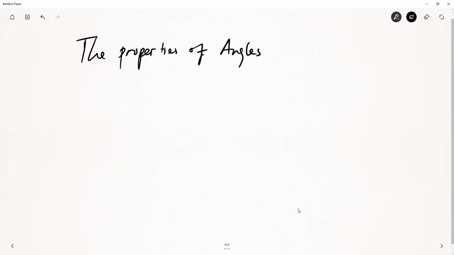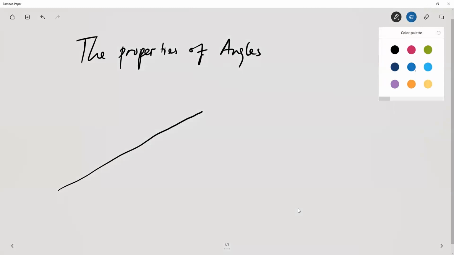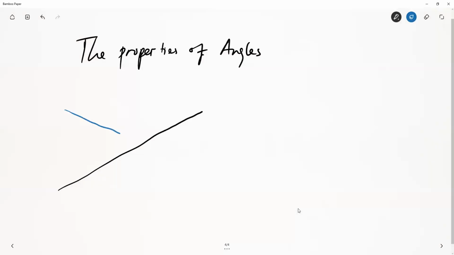Normally we will start with a straight line. If we have a straight line, and now we have another straight line, for example like that, and they intersect at a point here.